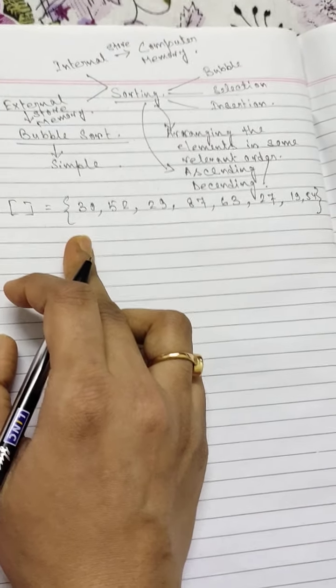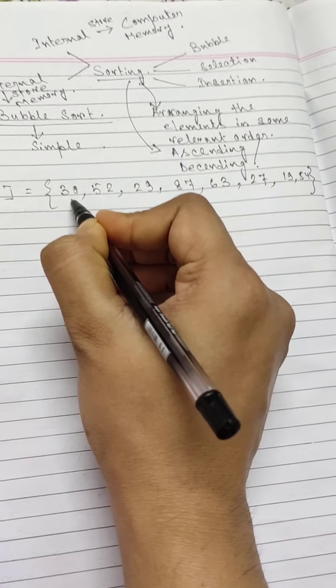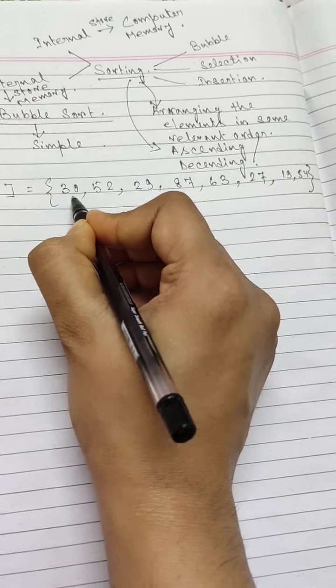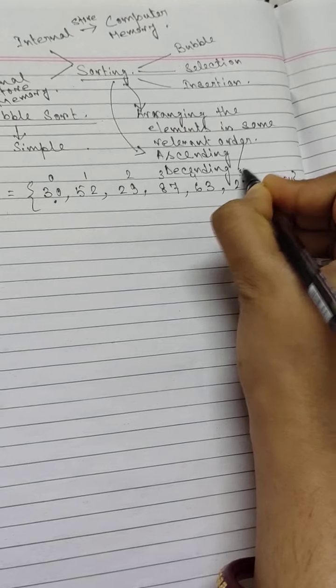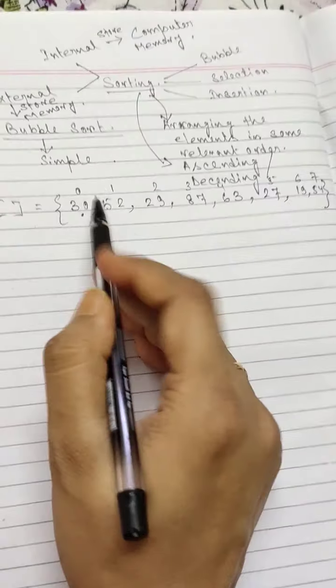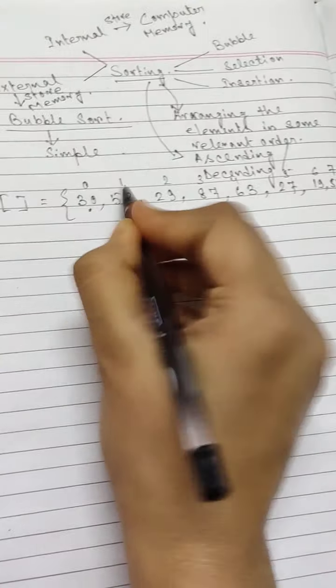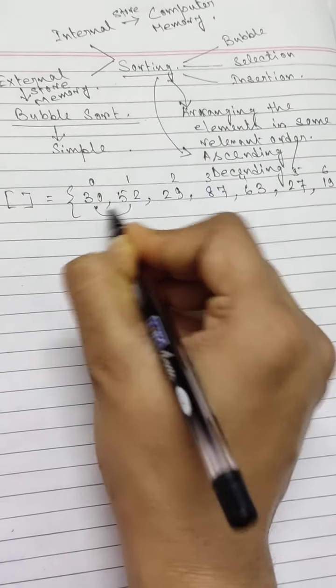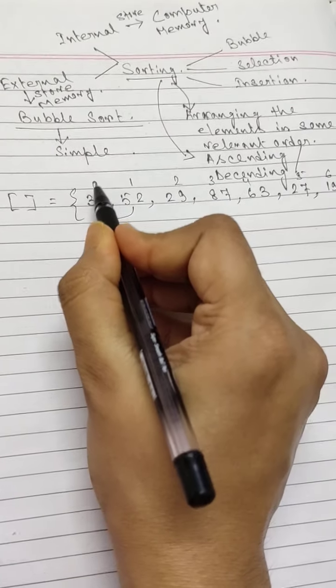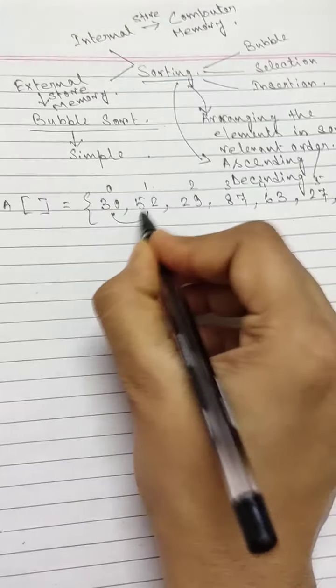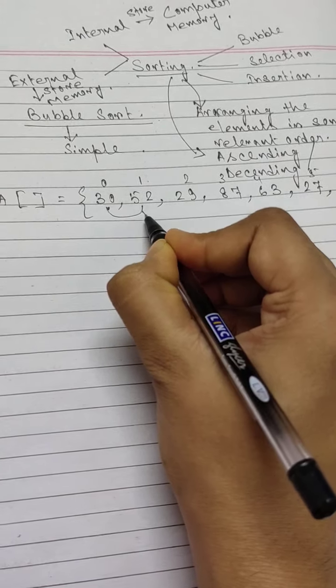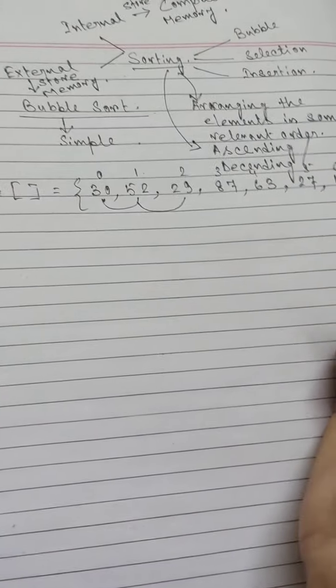So in bubble sort the process is you compare these elements. The index is 0 1 2 3 4 5 6 7. You compare these two values with the index 0 and 1, then you again compare the next two values.